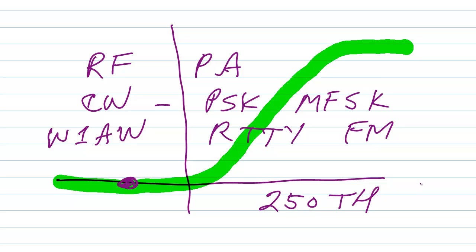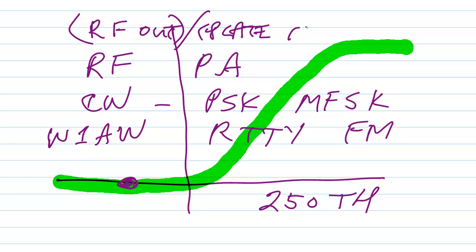The interesting thing is that in regards to the efficiency of an amplifier, that is to say the ratio of the RF power output to the plate power input, that's the efficiency, is highest in a well-designed Class C amplifier, sometimes as much as 70%, meaning that you might have a plate power input of 1,000 watts to a well-designed Class C amplifier and get 700 watts out of it.